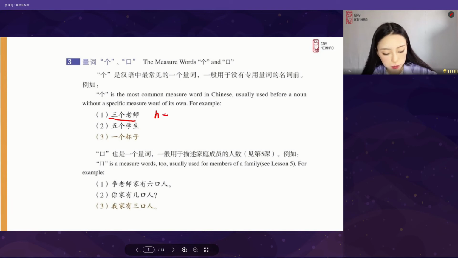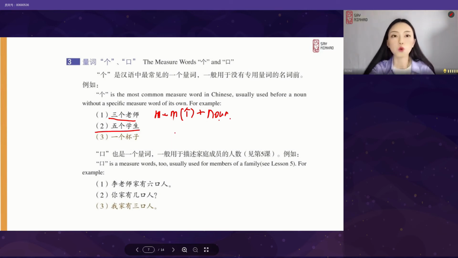It is the number plus the measure word 个 plus the noun. Next example is 五个学生, five students. The last one, 一个杯子, we are familiar with it. It means one cup.